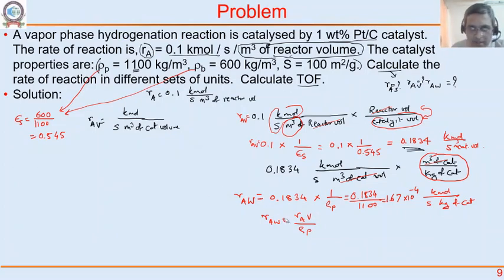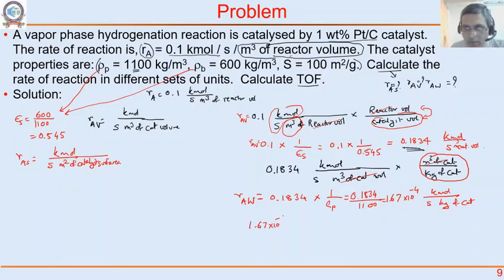Suppose I want now RAS. What is RAS? RAS is kilomoles per second per meter square of catalyst surface area. How will I get that? I have 0.1834 divided by 1100. So I have this number, 1.67 into 10 raised to minus 4.